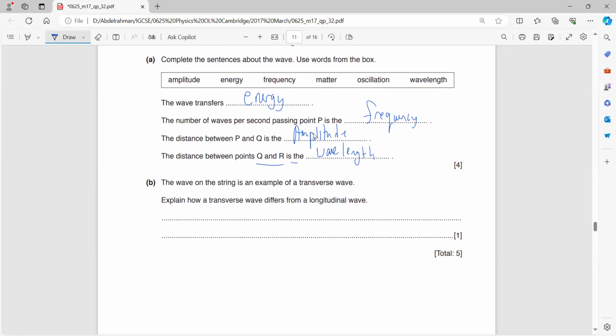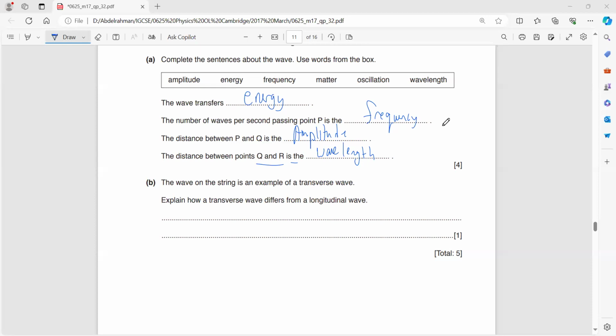The wave on the string is an example of a transverse wave. Explain how transverse waves differ from longitudinal waves. How are they different? Transverse waves travel perpendicular to the energy motion.